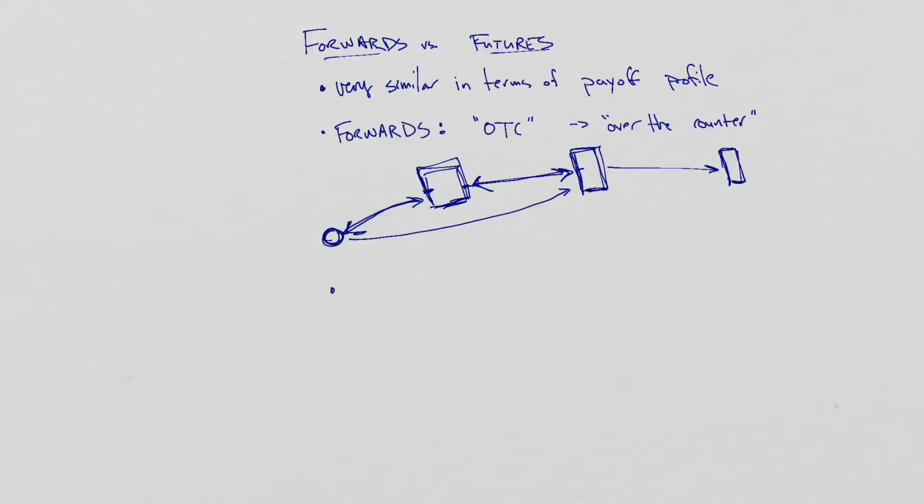And that's a contrast to futures contracts. While these contracts are similar in terms of what you can get a contract on and how they pay off, a futures contract trades on an exchange. So this individual that needs to hedge their exchange rate risk instead goes to this central location.